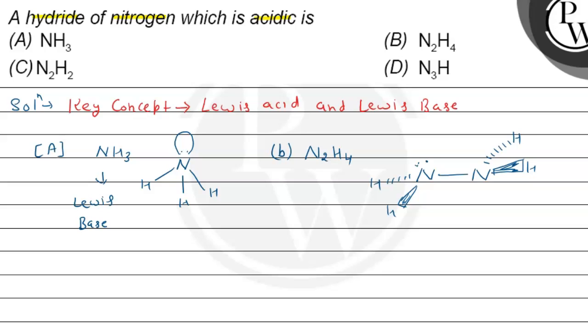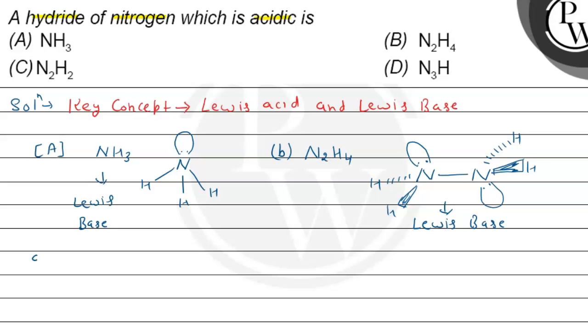Both of these nitrogens also have lone pairs, and these lone pairs are responsible for the Lewis basic nature. Because it has a lone pair, it can donate a pair of electrons. So it is a Lewis base, and it is also basic in nature.